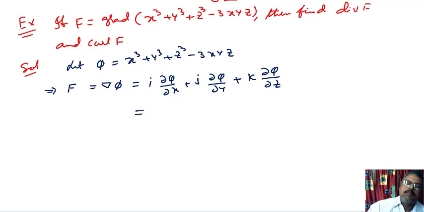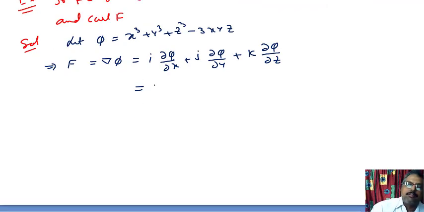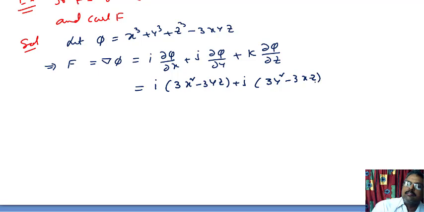Now, what is the partial derivative with respect to x? i into the partial derivative is 3x square minus 3yz. x cube derivative is 3x square. 3xyz derivative with respect to x is 3yz. In the similar way, with respect to y, 3y square minus 3xz, plus k into 3z square minus 3xy. Now this is F. After finding the gradient, you will get F.